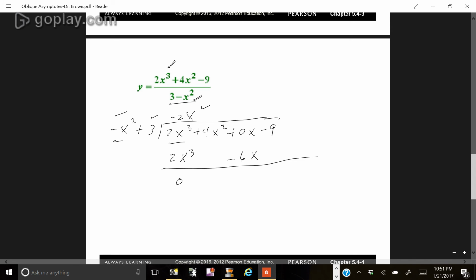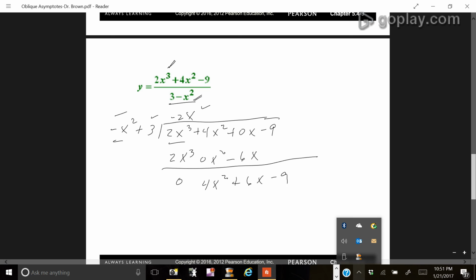Subtracting, notice we had 0 x squared here, so subtracting we get 4x squared. Subtracting here we get 6x. Bring down your minus 9. And now minus x squared into 4x squared is minus 4.